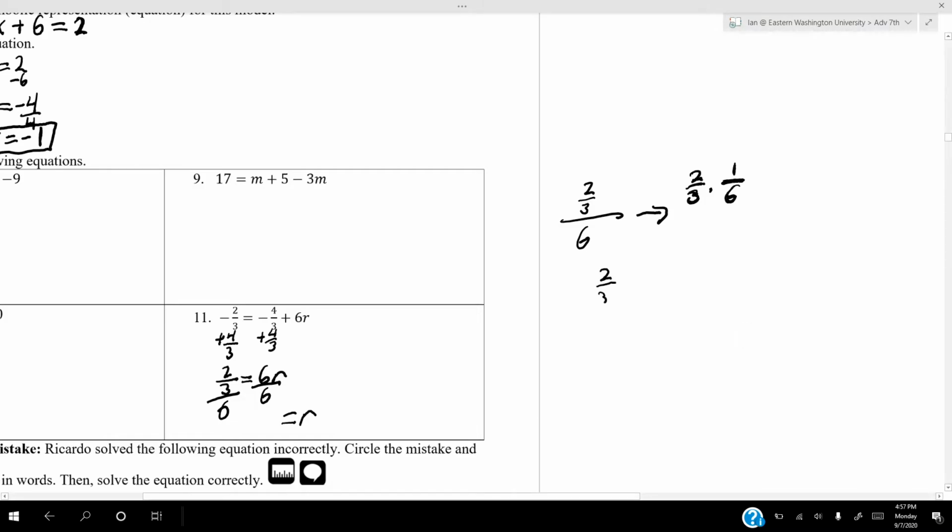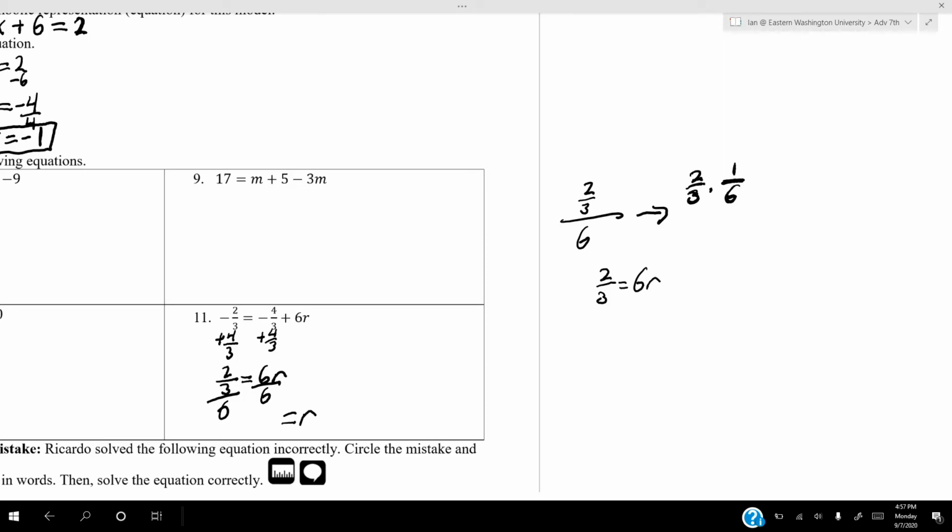So let's say 2/3 is equal to something times 6, right? Well, the only way... What am I doing? Why won't my pen just work? Well, let's think about this. The way to do this is to divide, right?